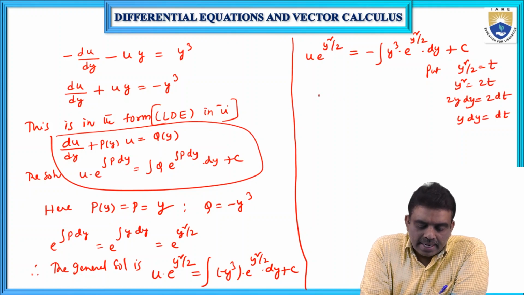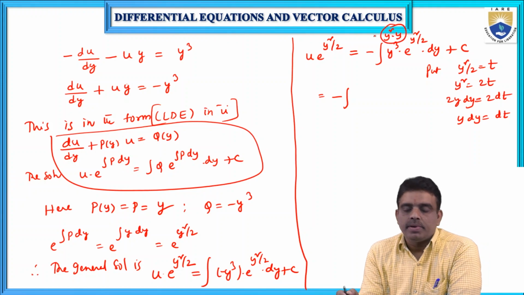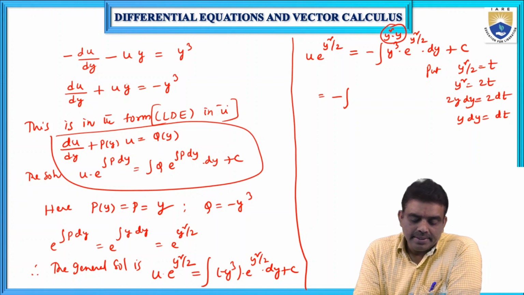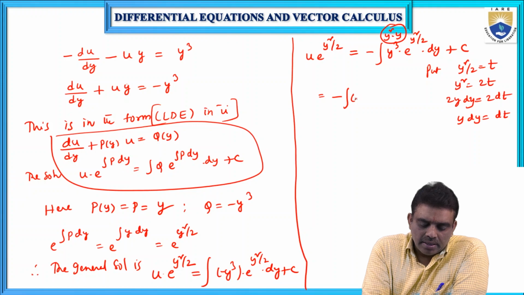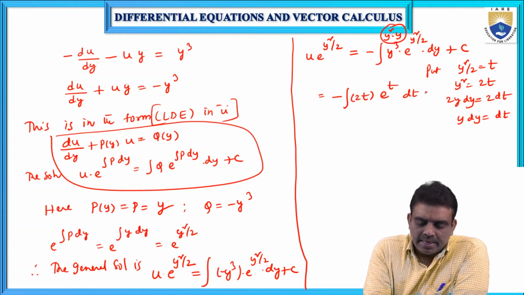Right. So what I can write on the right hand side, it is integral y cube can be written as y square into y. So y square means 2t. Y square replaced. Y dy is replaced by dt. And this is e power t plus c.